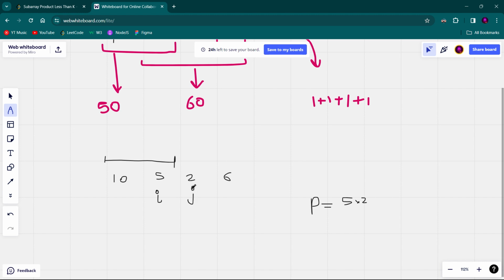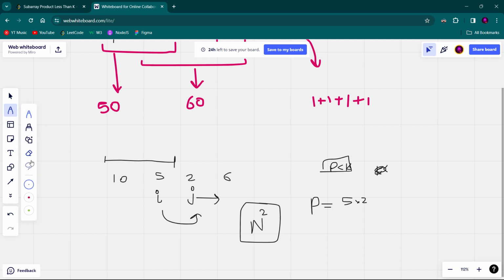Again, this is my j. I'll keep increasing j until my product is less than k, and if I find that it is not, I'll break and go for an increment of i. This is my brute force of n square. It is quite hectic, and we are calculating the product again and again.